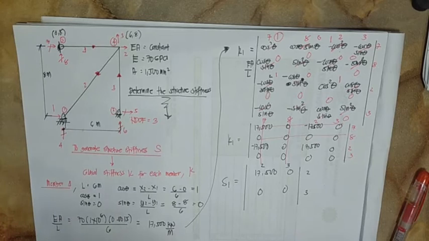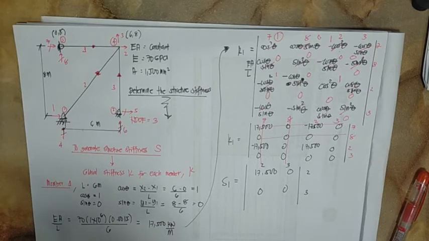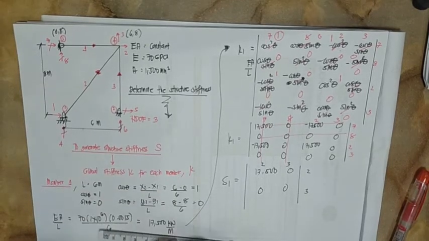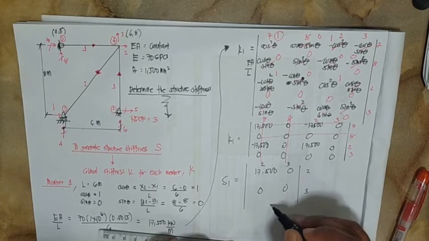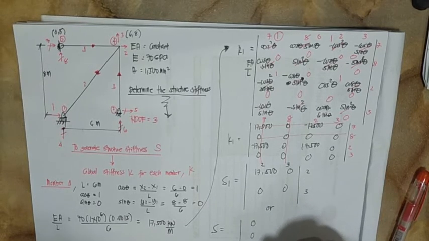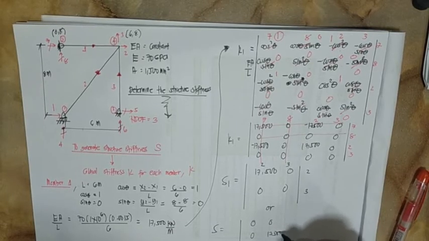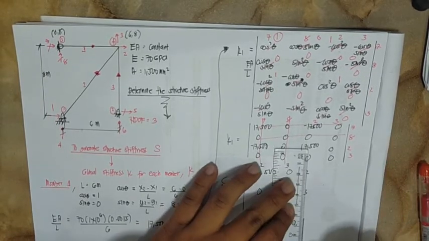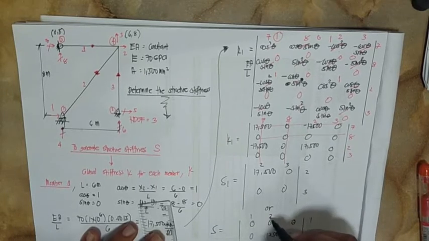Okay? Let's proceed to member 2. So in total, we can have also 0, 0, 0, 0, 17,500, 0, 0, 0, 0, with 1, 2, 3, 1, 2, 3.